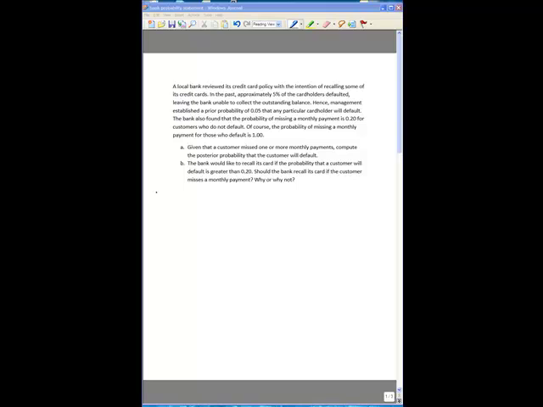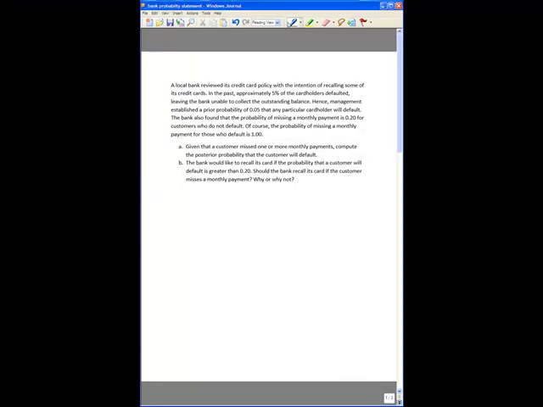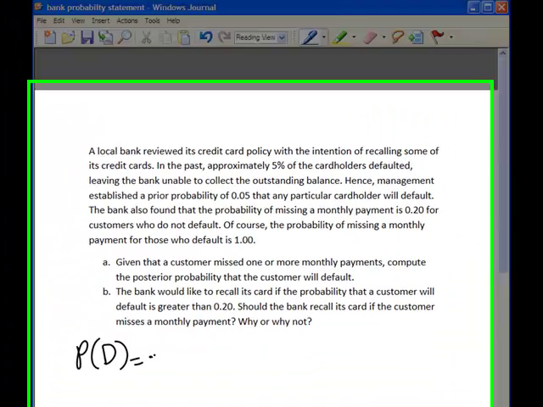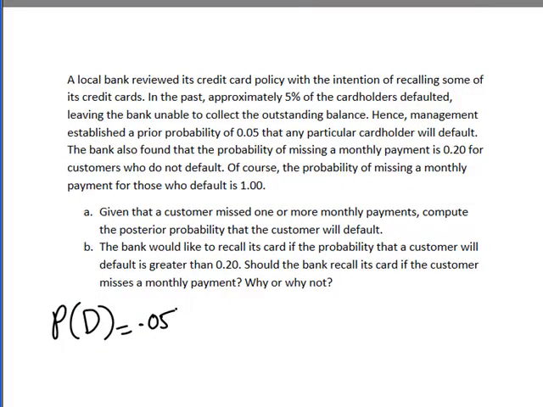So now we know probability of default is 0.05. The bank also found the probability of missing a monthly payment is 0.20 for customers who do not default.